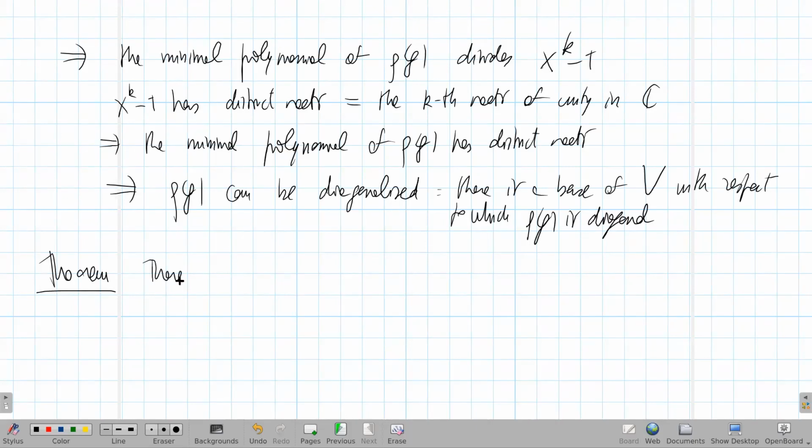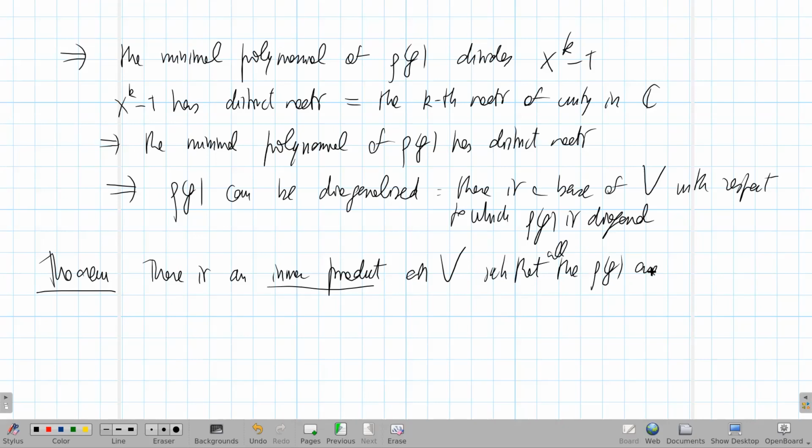There is an inner product on V. I assume you recall what an inner product is; if not, just ask me. Such that all the rho of g are unitary matrices. So I had started by, I'll be back in a second.